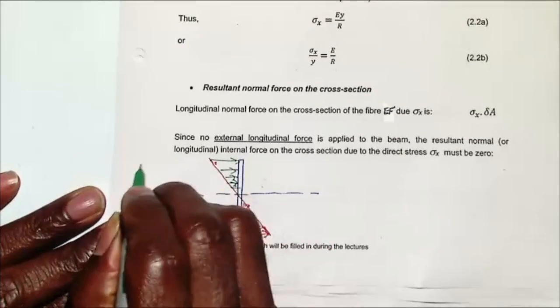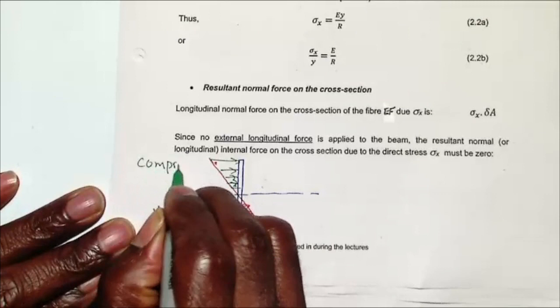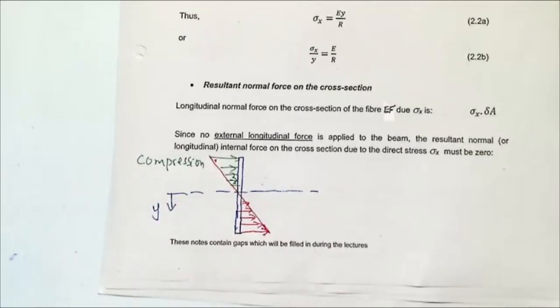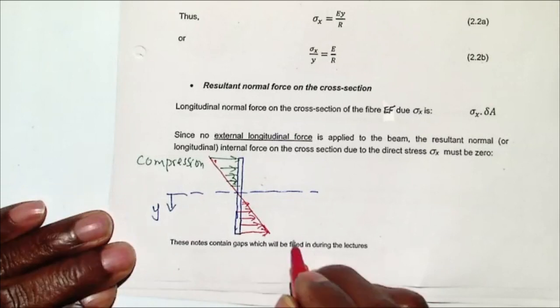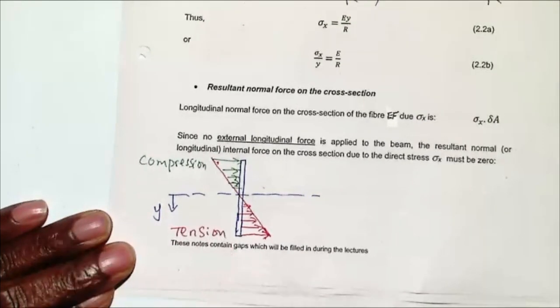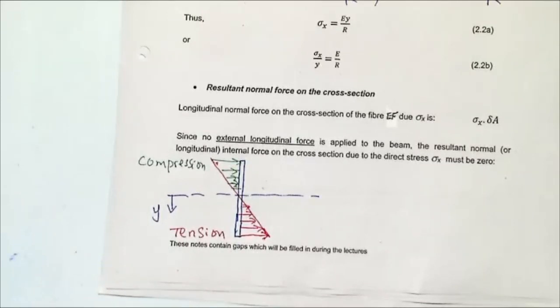So here is compression, and below is tension. If we take any particular cross-section anywhere along the length and go from the base to the top, you'll be going from tension to a compressive load. And there is no stress along the neutral axis, so that is 0.